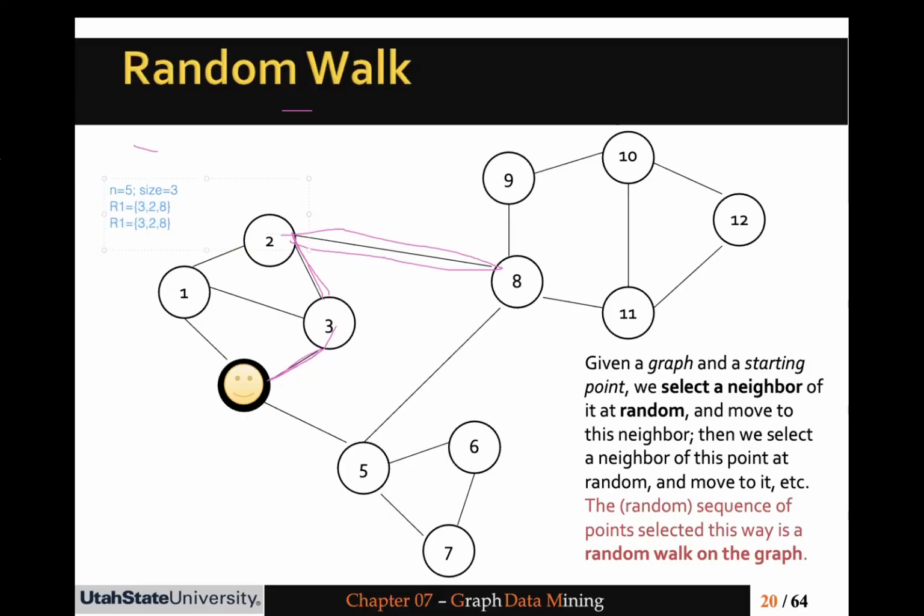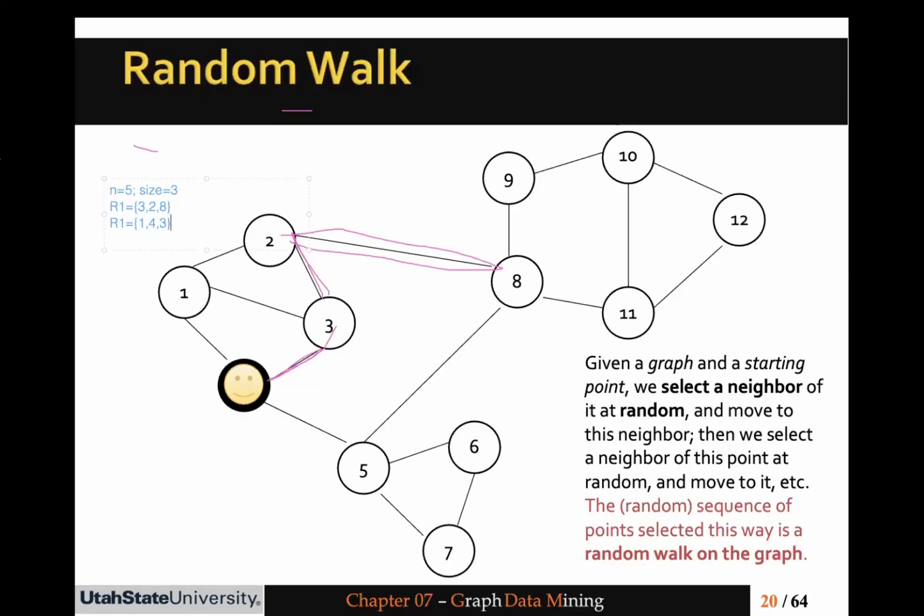So I will do the same thing again at completely random, but this time instead of going to 3, maybe I went to 1, and I went back to node 4 because that's an option as well. Within the same random walk, I might visit the same node multiple times. So from number 4 again, I went to number 3.